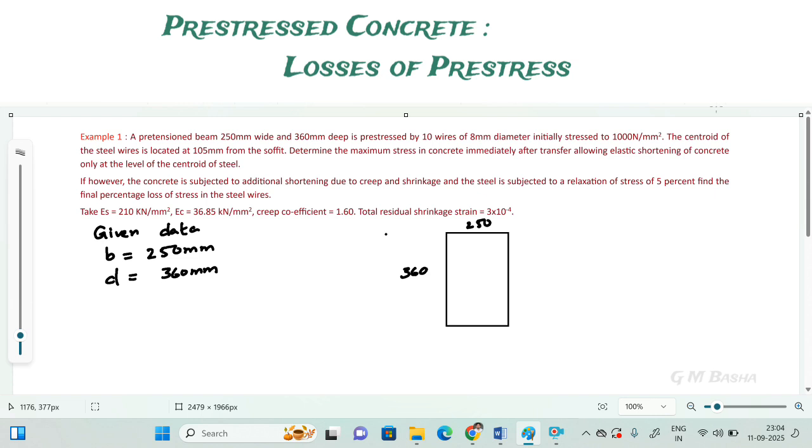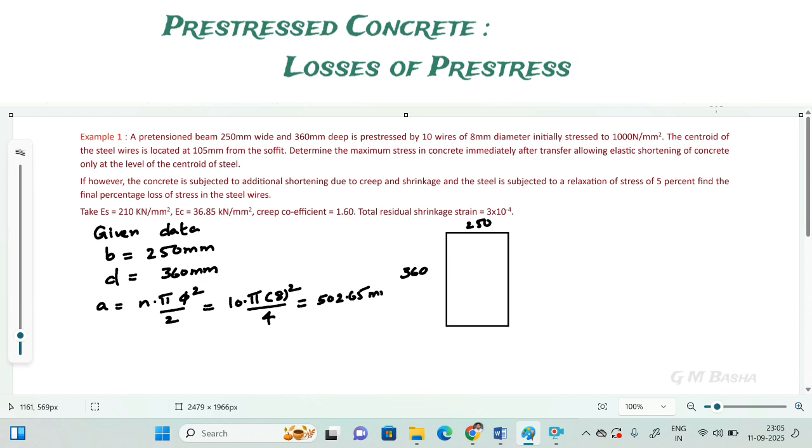Clear? Then what is given is prestressed by 10 wires of 8 mm diameter. So the area will be N into pi d square by 4, where N is the number of wires. That is 10 into pi into 8 square by 4. If you simplify using your calculator, you will get around 502.65.